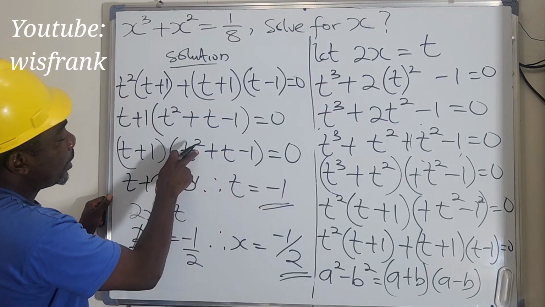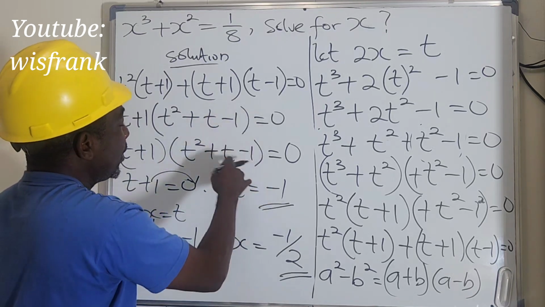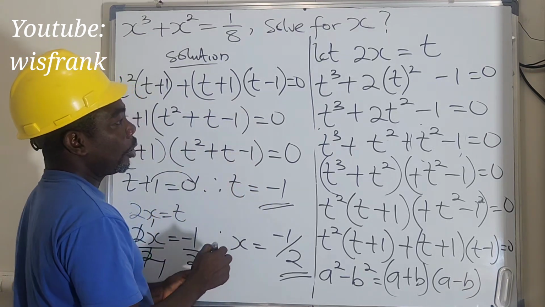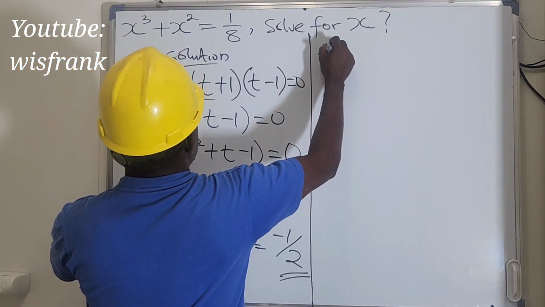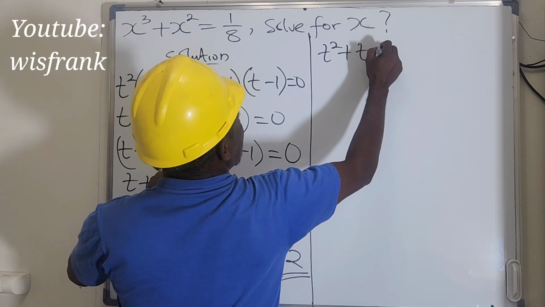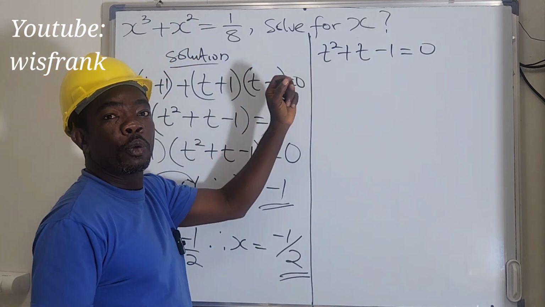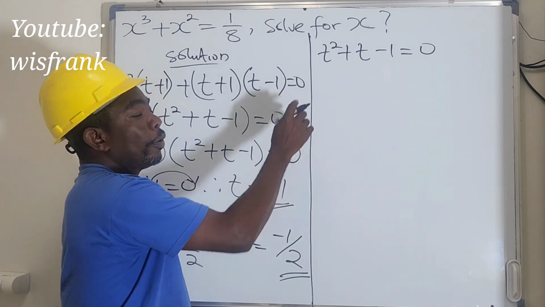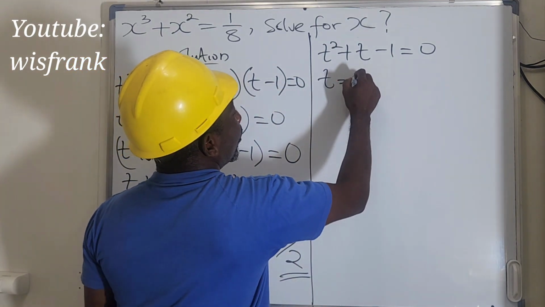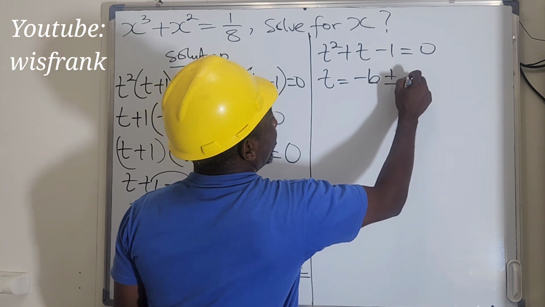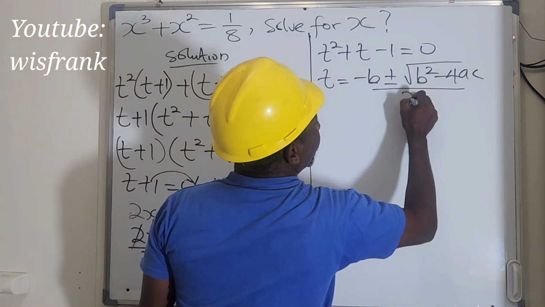So we are now left with t raised to the power of 2 plus t minus 1 equals to 0. So let's find out what this will become. So this is a quadratic equation, and we are going to use the quadratic formula to find the value of t. So in this case, we have t equals to minus b plus or minus square root of b squared minus 4ac all over 2a.